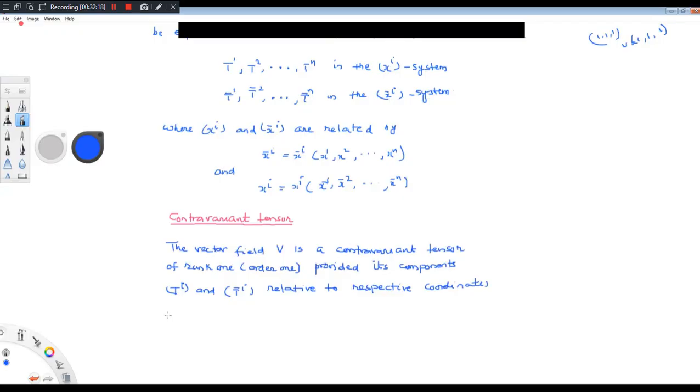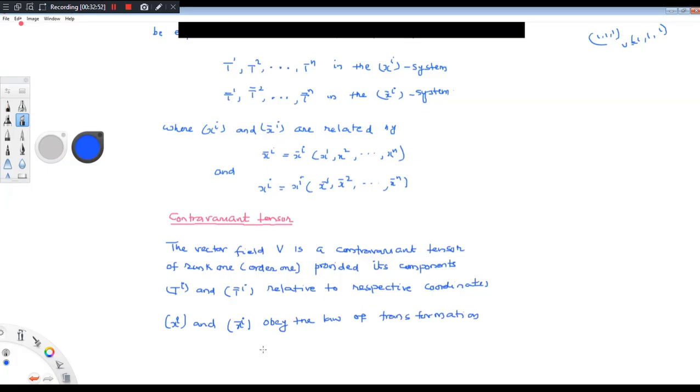Ti will be in the xi coordinate system, and T bar I will be in the x bar I coordinate system. Okay? They obey the law of transformation.